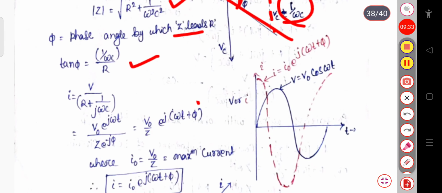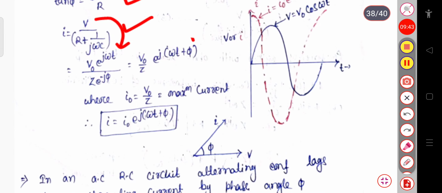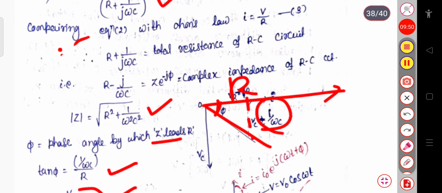So from this equation 2, I equals V by R plus 1 by j omega c, and in place of V, I will substitute the value V naught exponential j omega t, divided by R plus 1 by j omega c. In place of R plus 1 by j omega c, we can put z exponential minus j phi.